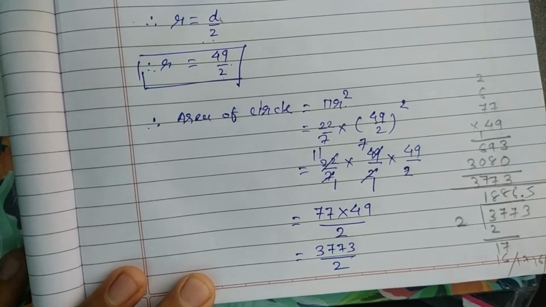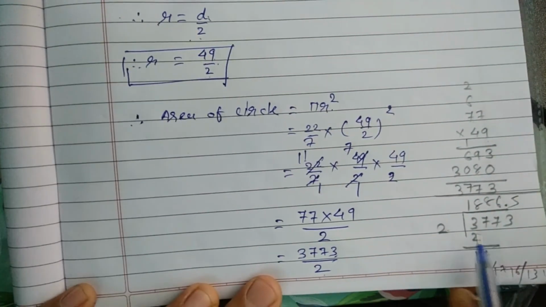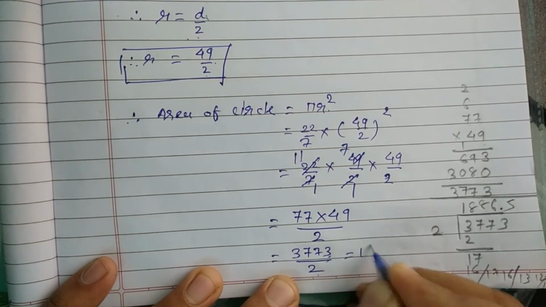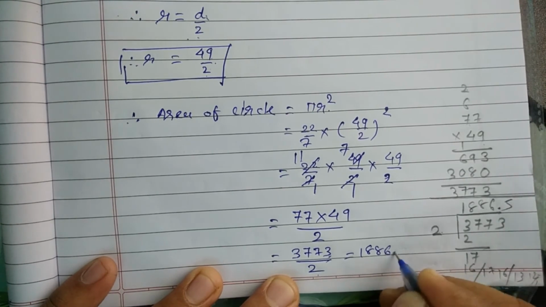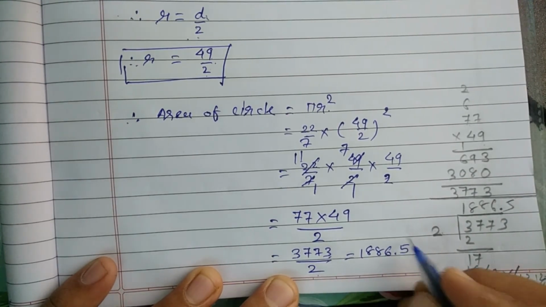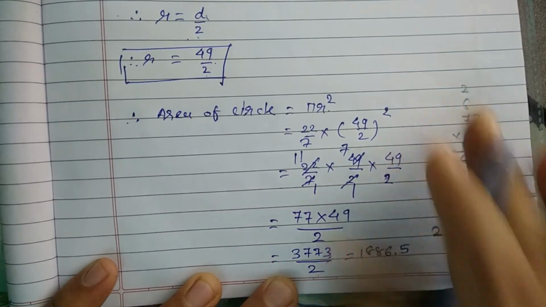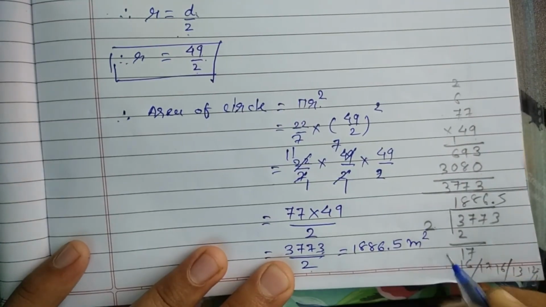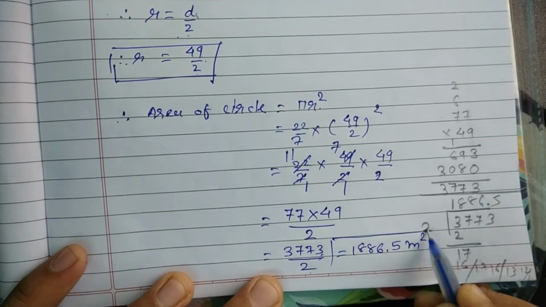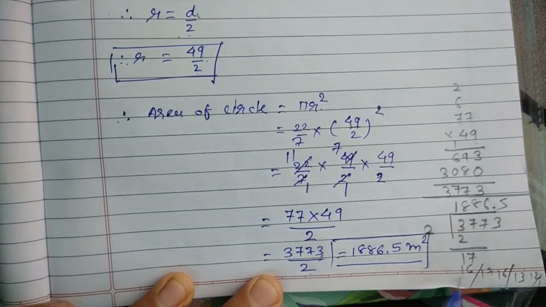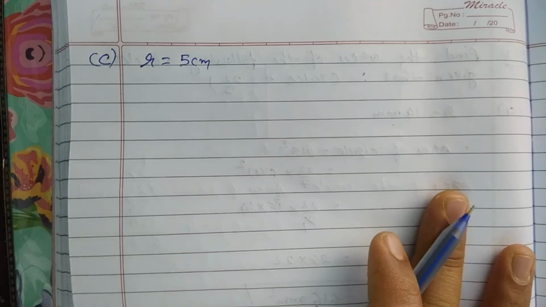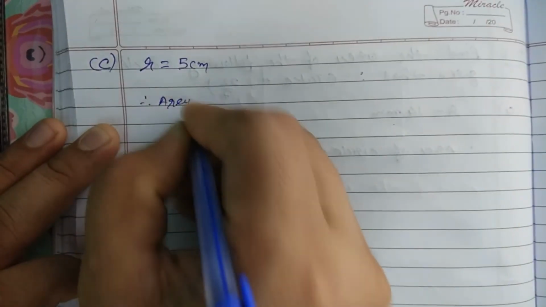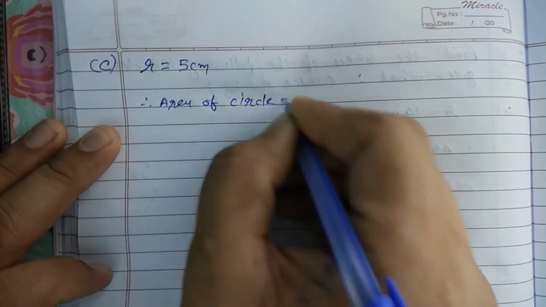So when we divide 3773 by 2, we get 1886.5. And the unit is what? Here it is given meter, so the unit will be meter square. So the area of the circle is 1886.5 meter square.